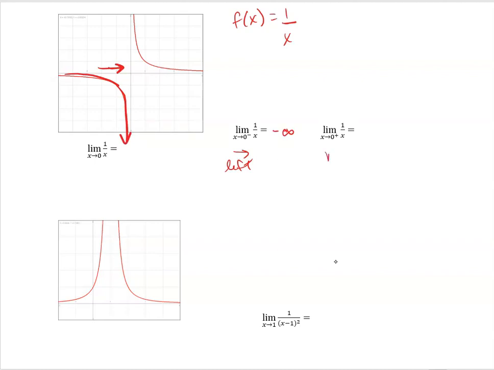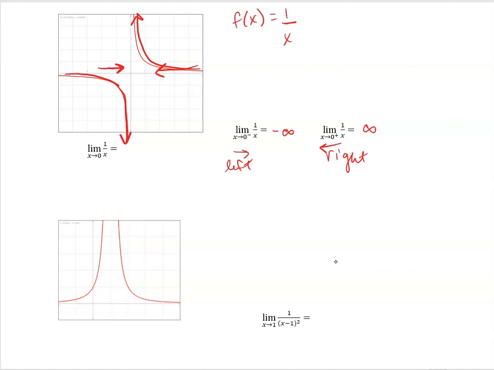And then as we approach x equals 0 from the right, that's coming from this direction. Notice that this goes up unbounded to positive infinity. Now, what is the overall limit? We said previously that they have to be approaching the same thing from the left and right.